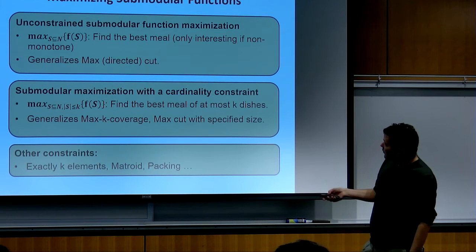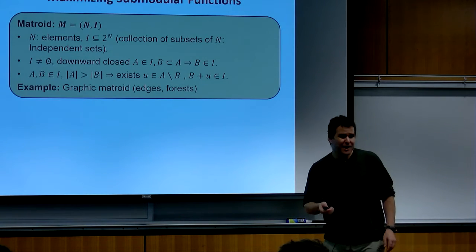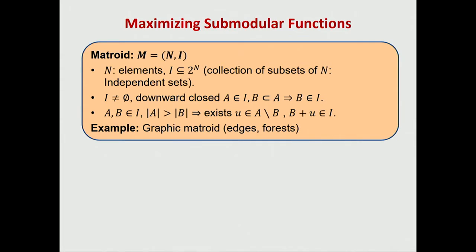And here, the most general, we will deal with this matroid constraint. I will just tell you what a matroid is, although it's not so important to get everything. So what are matroid constraints? You have n elements, and then you have a collection of subsets, feasible subsets. They are called independent sets. And the two properties that they have: first, it is down-closed.